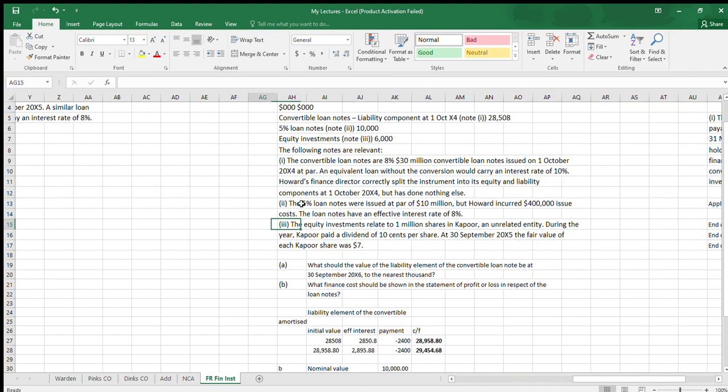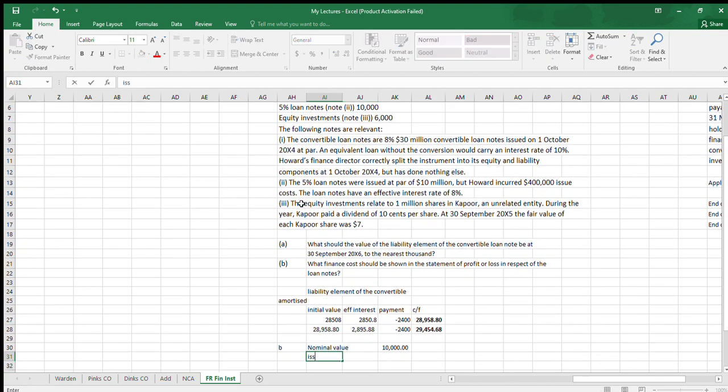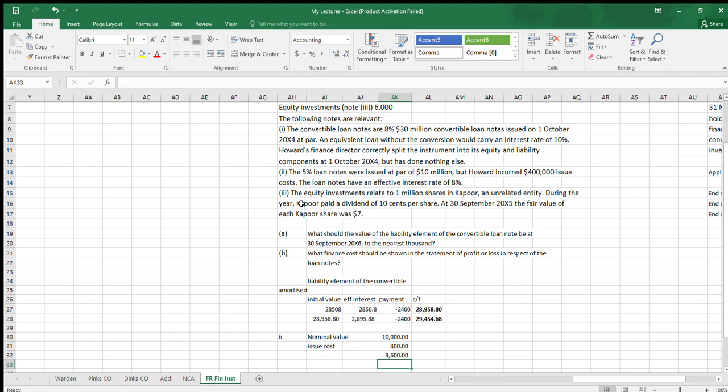Note II was issued at par, but Howard incurred 400,000 issue cost. So it will be 400, ignoring 3 zeros. Your 10,000 minus your 400 is 9,600, the initial value or initial recognition.